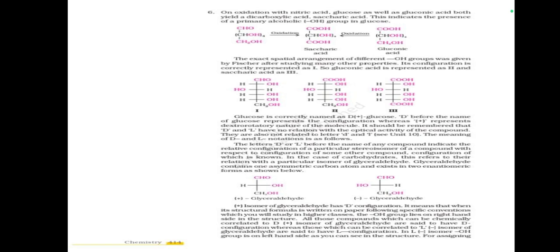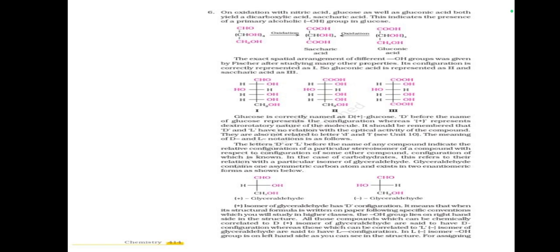Glucose is correctly named D positive glucose. D before the name represents the configuration, whereas plus represents the dextrorotatory nature of the molecule. It should be remembered that D and L have no relation with the optical activity of the compound.